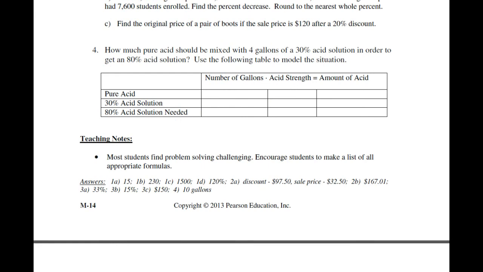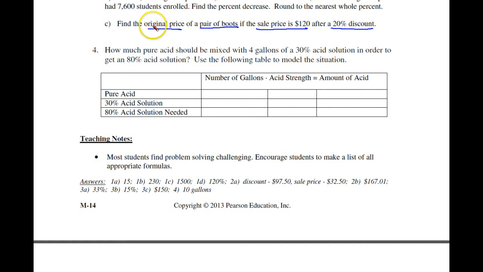Now in letter C, again, we're getting a nice variety of kinds of things you're going to get. It says find the original price of a pair of boots if the sales price is this after a 20% discount.